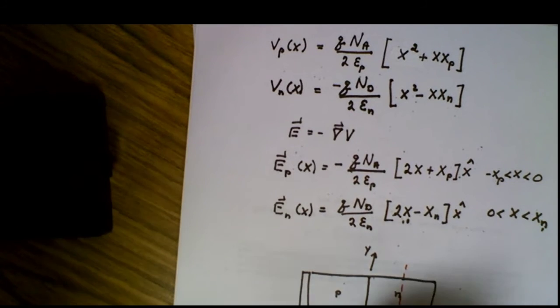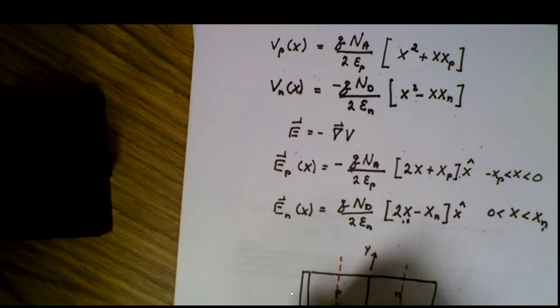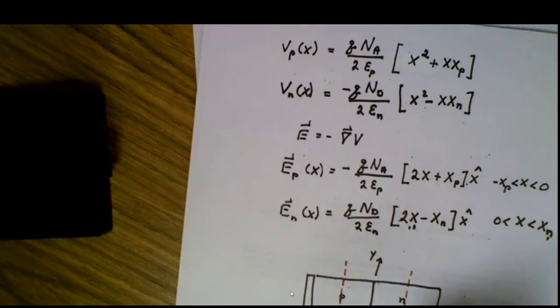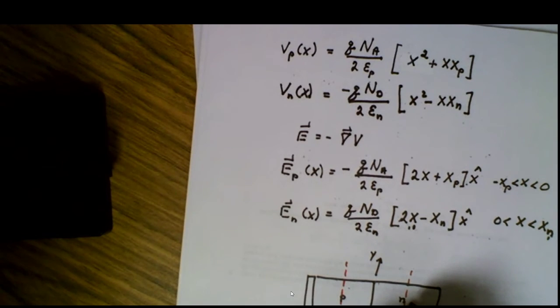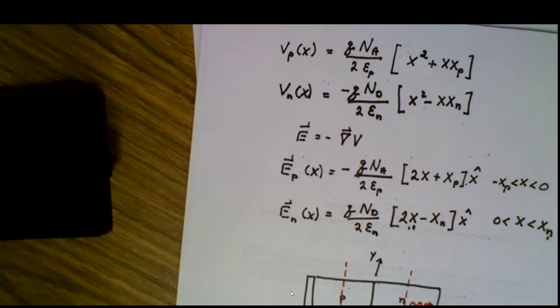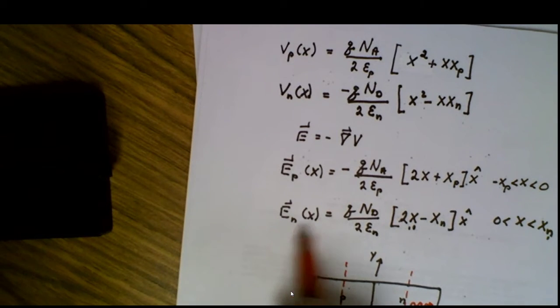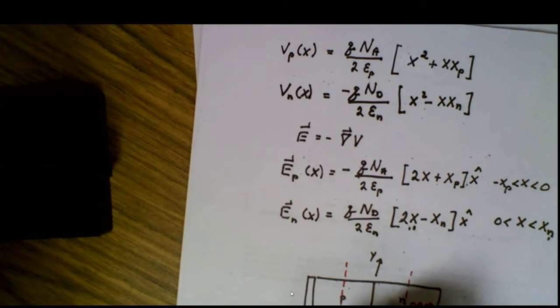And this particular interface or position will be minus x sub p over 2. So when x is nearly equal to x sub n, our electric field is pointing in the positive direction. On the other hand, if x sub p is more towards 0, we observe that our electric field is pointing in the negative direction.